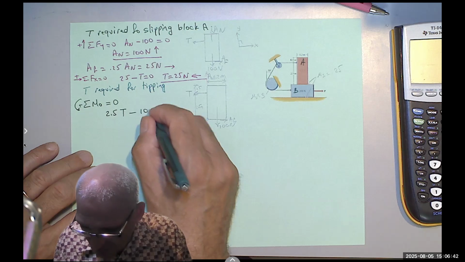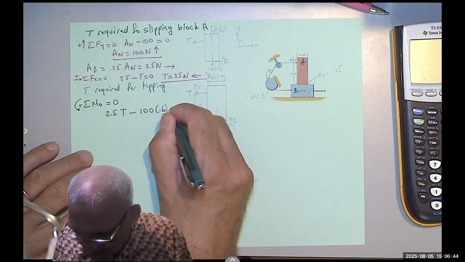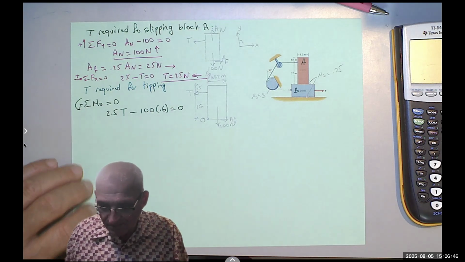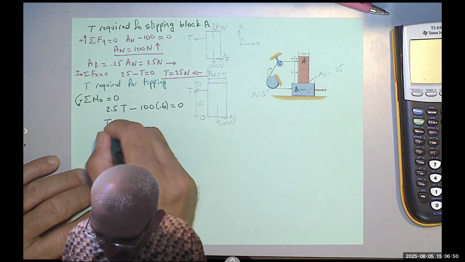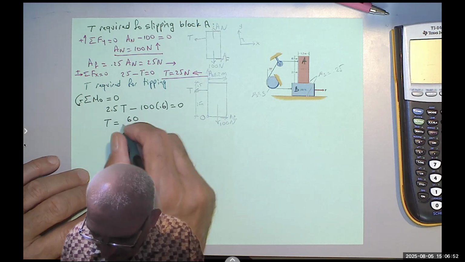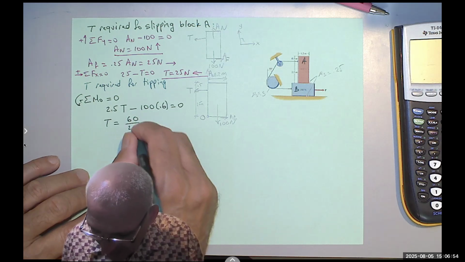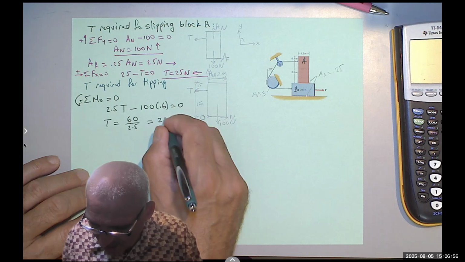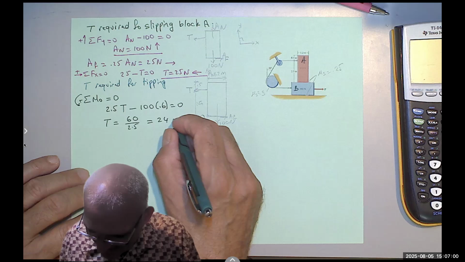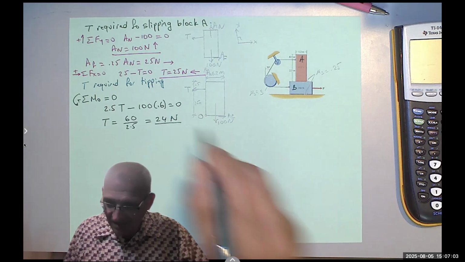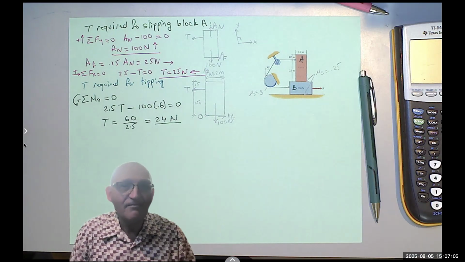So minus 100 times 0.6 equals 0. And then I solve, so I get T equals 60 divided by 2.5 equals 24. Oh my God, I should have picked a different number here. This is funny. 24 Newton.